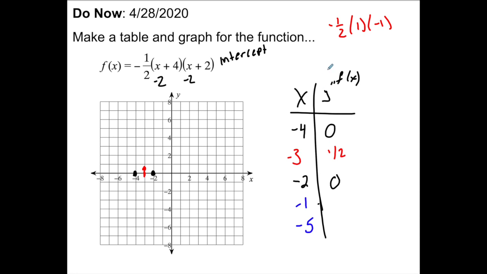Now let's plug in -1 and -5. Those will also have the same y values due to symmetry. So plug in -1. -1 plus 4 is 3, and -1 plus 2 is 1, because you'd be adding 4 and adding 2.